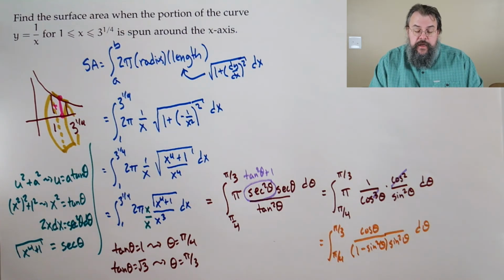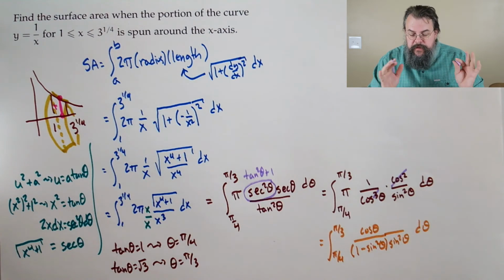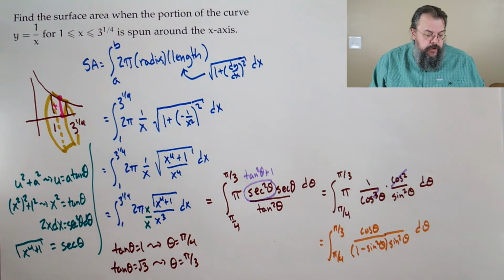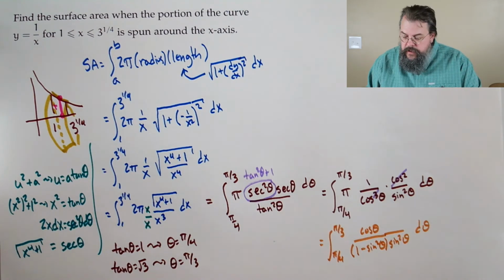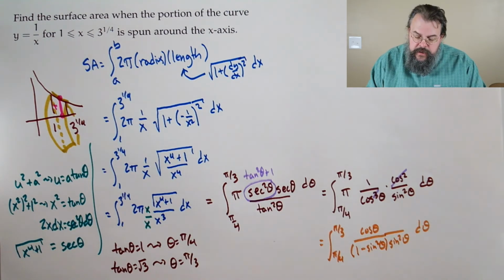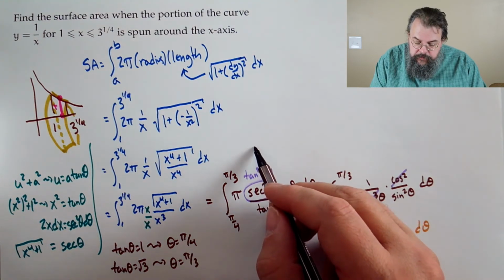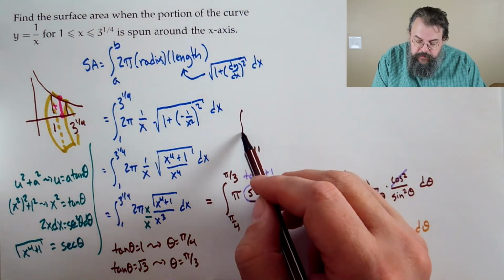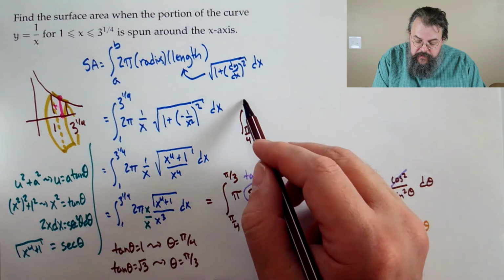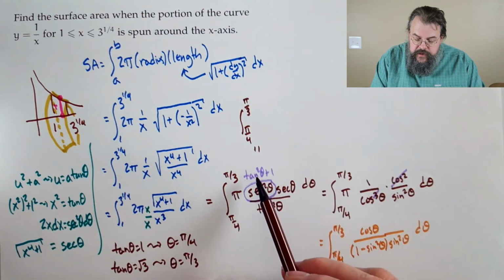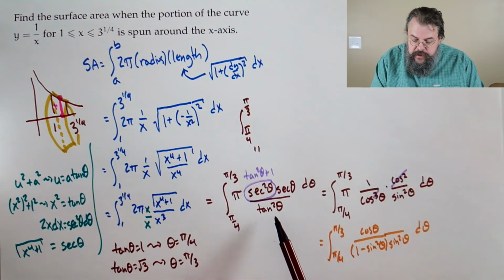It's certainly true that secant squared equals tangent squared plus 1, so I'm not just pulling it out of nowhere. What do we have? This would be equal to the integral from pi over 4 to pi over 3 of tangent squared over tangent squared.